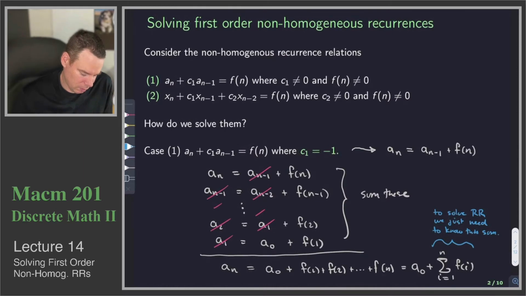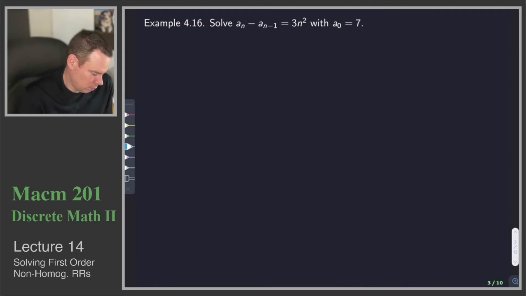So let's have a look at a specific example. Here we are interested in the same left-hand side, an minus 1, but here our function is 3n squared. So that is our f of n.